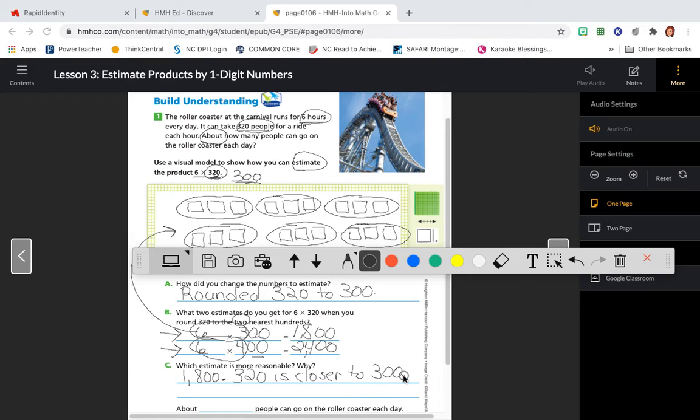So 6 times 320 is closer to 6 times 300, which we said earlier is 1,800. So about 1,800 people can go on the roller coaster each day.